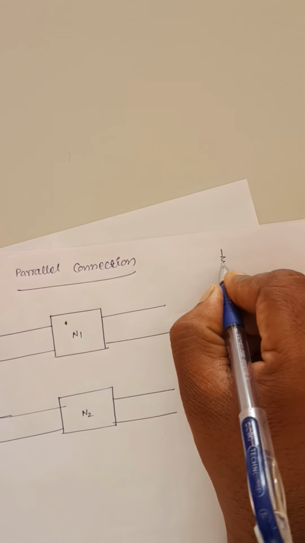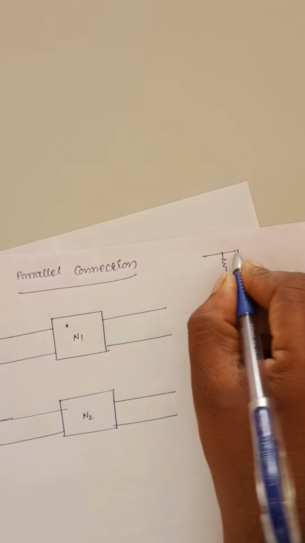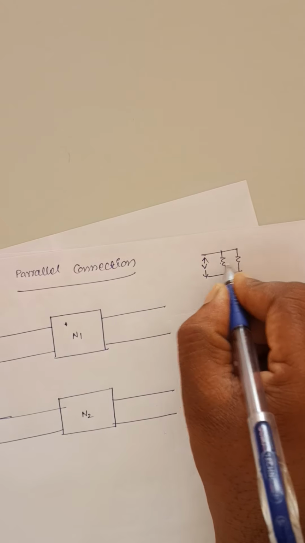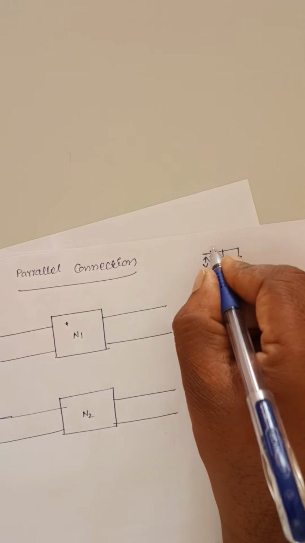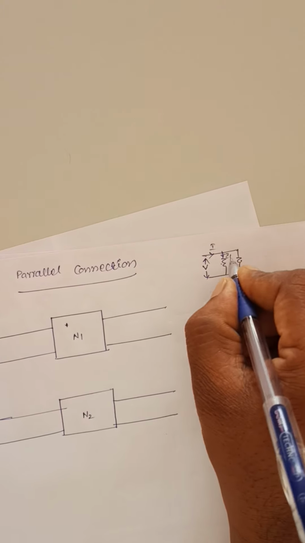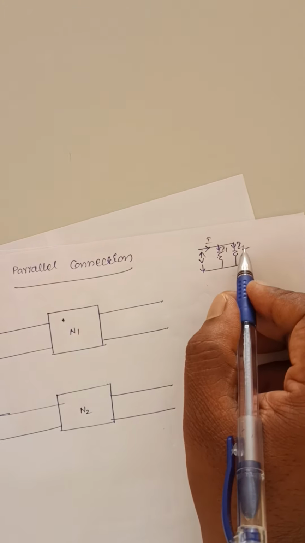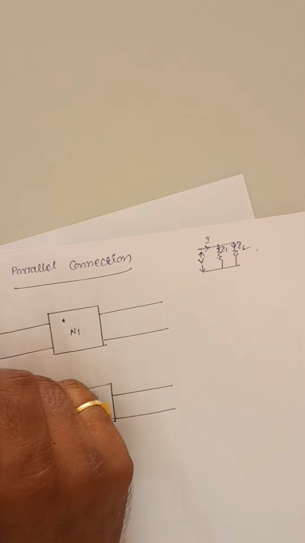Okay. So in this parallel connection, two elements are said to be parallel if and only if the voltage across these two elements is the same and the currents are divided here. It is I1, it is I2. Right, currents are divided but the voltage is the same. Now let us assume the voltage for this one is V1.